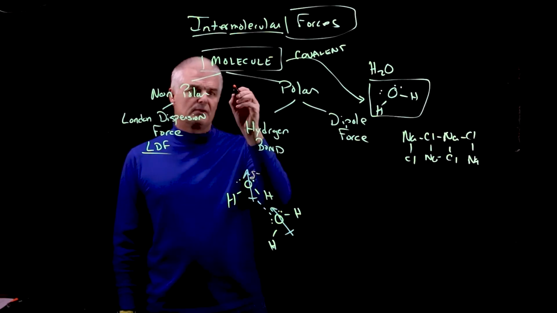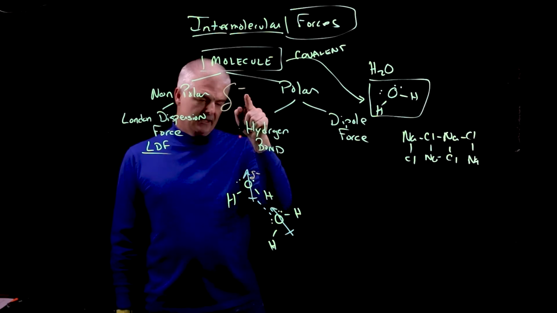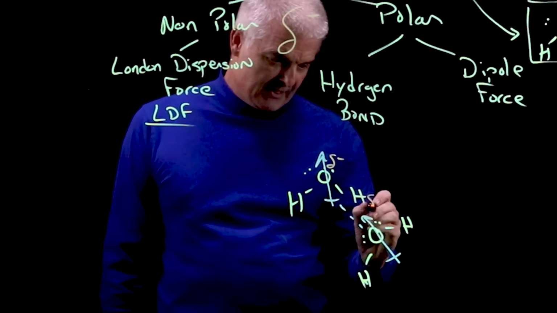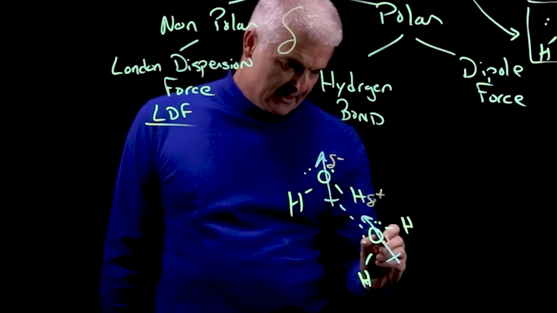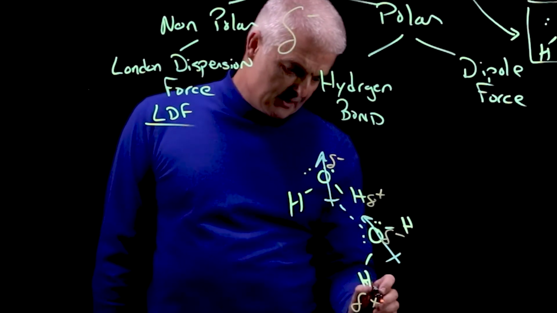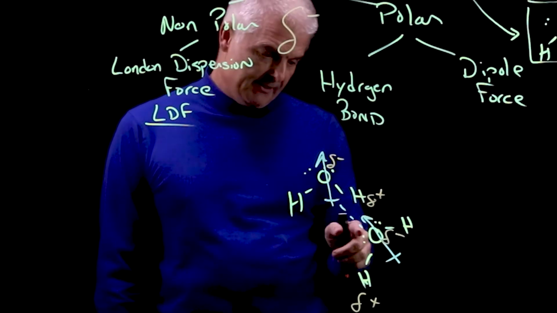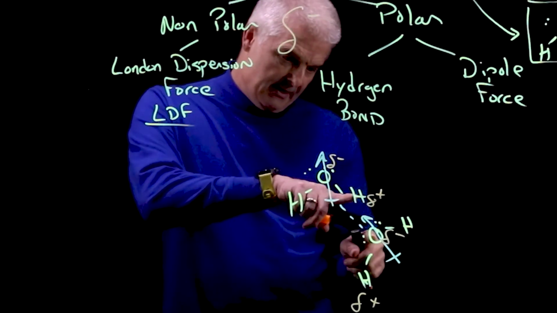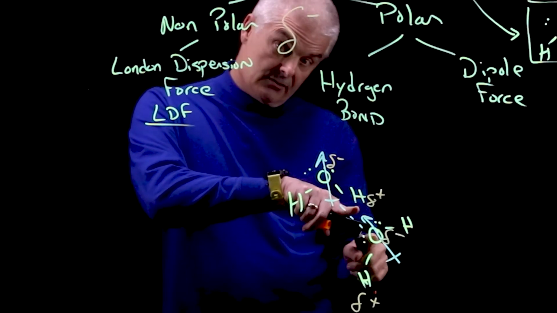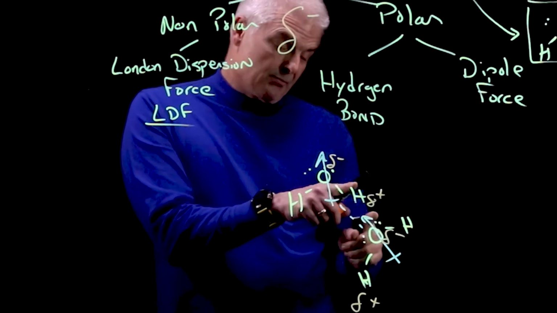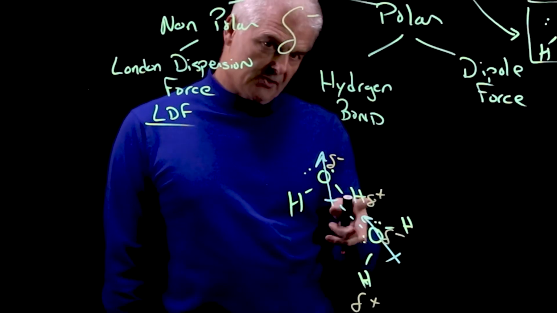And actually we use a little symbol here, slightly negative, or slightly positive. The hydrogen is slightly positive, the oxygen is slightly negative, and so the more electronegative it gets, the more negative the side. So if this is negative and this is positive, they're attracted to each other.